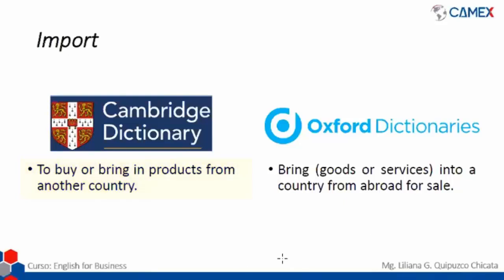On the other hand, according to Oxford Dictionaries, to import is to bring goods or services into a country from abroad for sale. So let's pick up the most important words of these meanings. Import is buying or bringing in products or services that are located in another country to our own country.